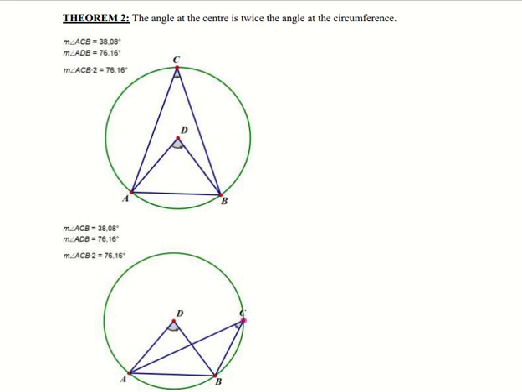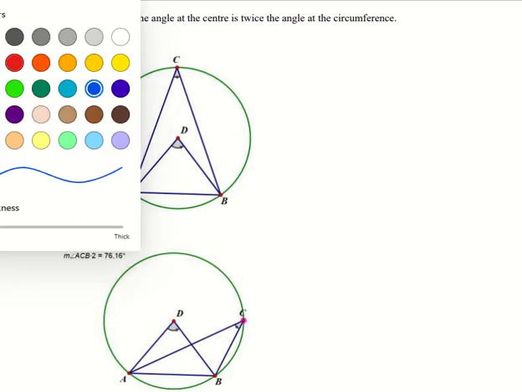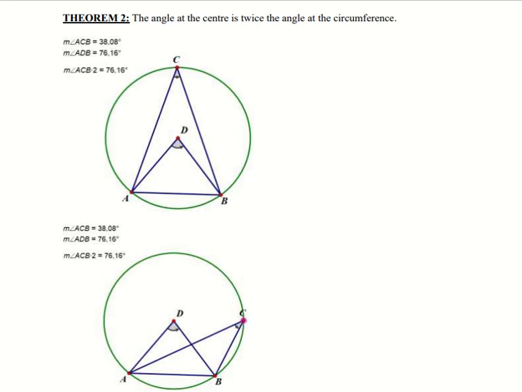algebraically? Let me use a red color here. I want to construct an exterior angle. What I'm going to do is join CD and produce it to E. So what did I do there?